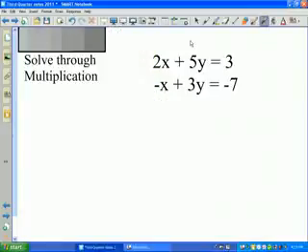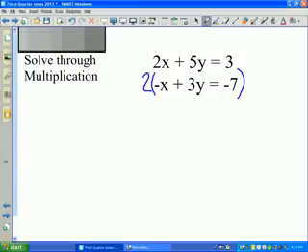So it's how you want to approach things. It all depends on what variable you want to cancel out. So let's say I want to eliminate my x's. That means I need to multiply that first term by 2. But just like in math, you can't just multiply the one term.